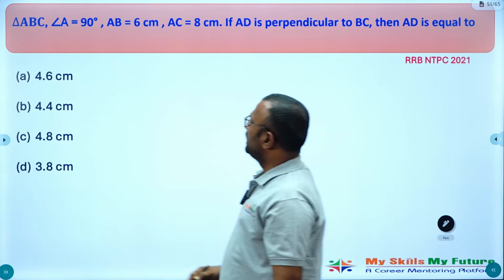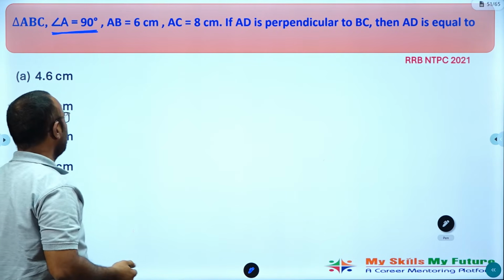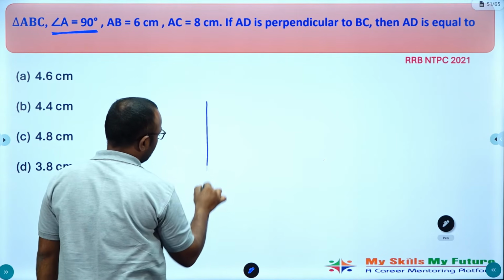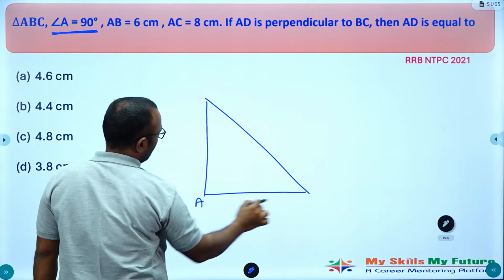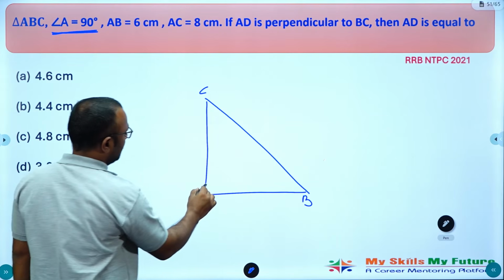Next, see the question. Triangle ABC, angle A is equal to 90 degrees. Angle A is equal to 90 degrees means it is a right angle triangle. So A, B, C, it is 90 degrees.